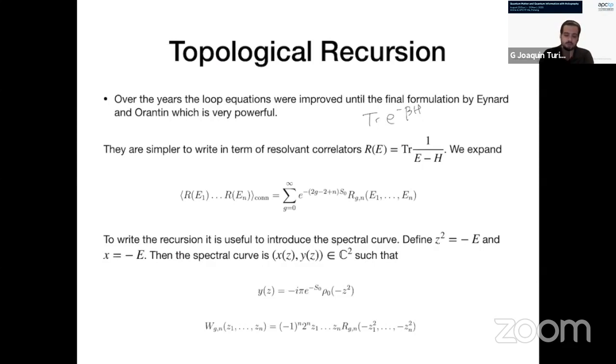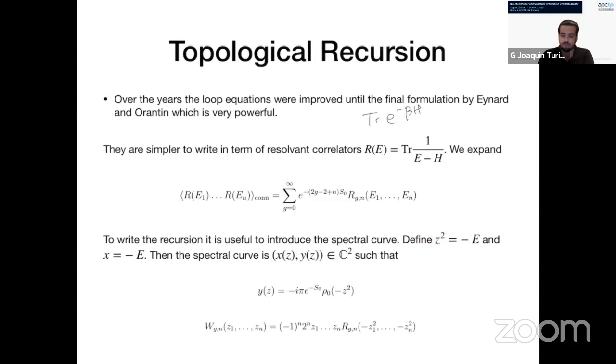And this resolvent correlator, you can think of it as some fixed energy boundaries in a way, and you can expand it in e to the S naught in the same way, and the coefficients we will call R g,n. People talk about the spectral curve, which is usually defined in this way.